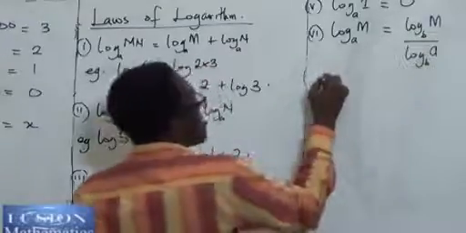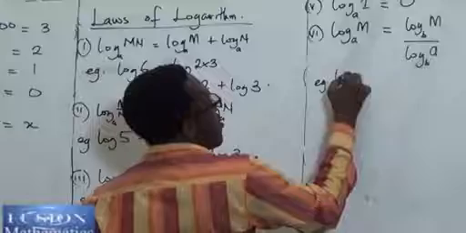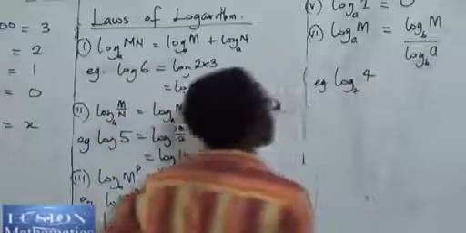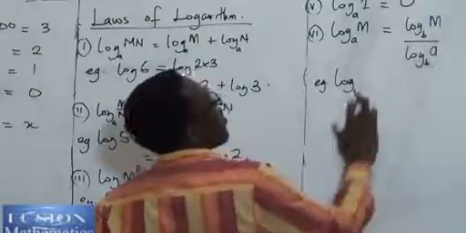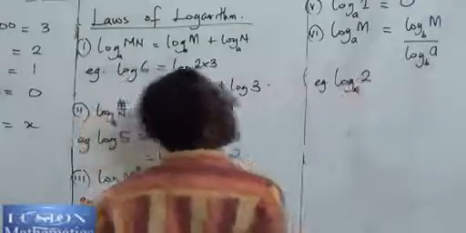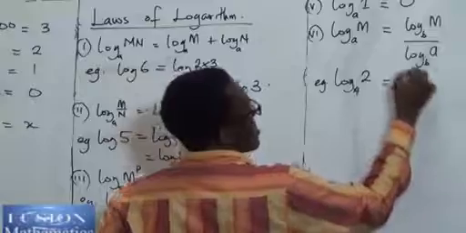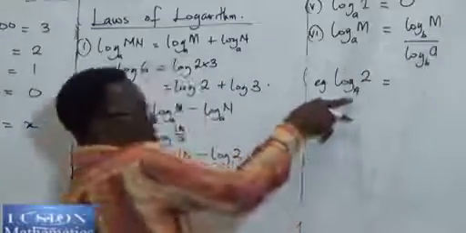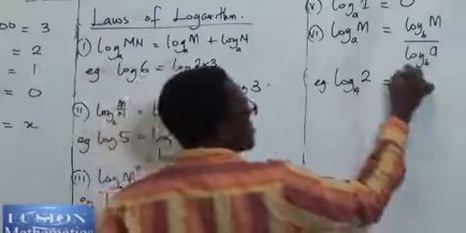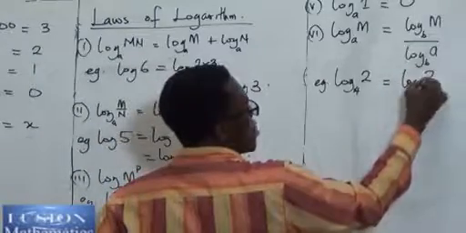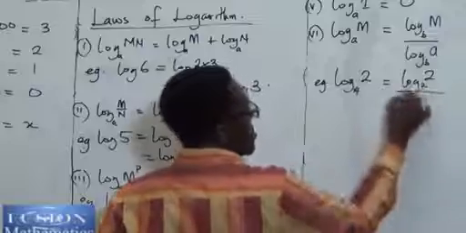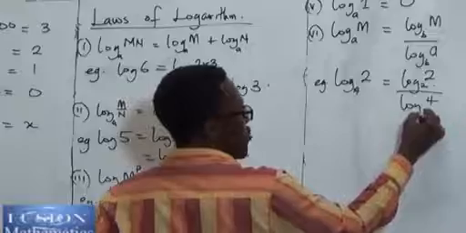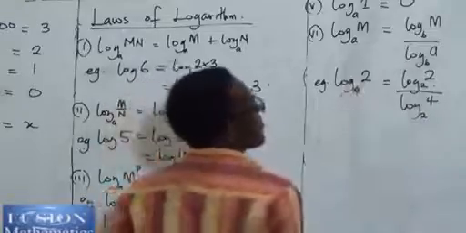For instance, if we have log 2 base 4, we can say that this is the same thing, introducing a base of 2. The initial base is 4. We are putting another base. So this will be log 2 base 2, the new base, over log 4, the base here, but putting the new base 2.